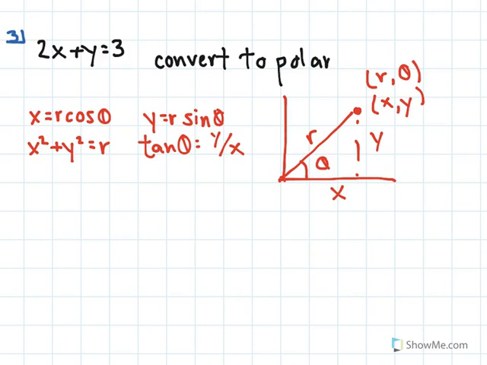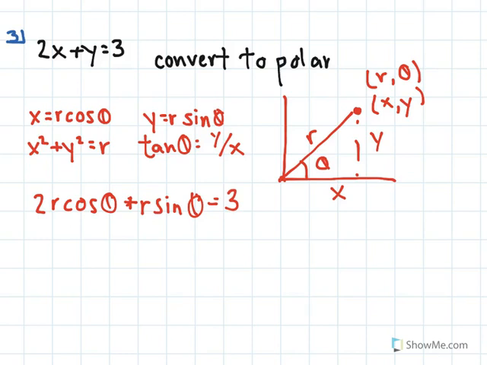But we're going to go ahead and take what we know and convert 2x plus y equals 3 into polar. So we can substitute in, we have 2 r cosine theta plus r sine theta equals 3.